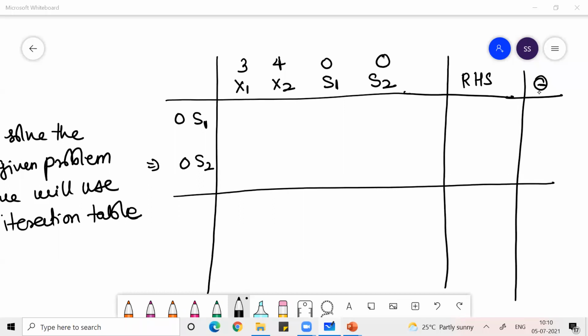I've seen some books putting RHS on the left hand side, some on the right hand side. That doesn't matter here. Theta is a Greek letter, like alpha, beta, gamma, theta, vega, rho. You can use any symbol, even alpha if you like alpha more than beta.